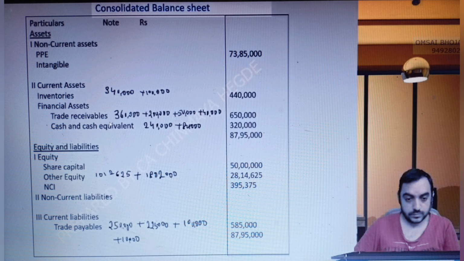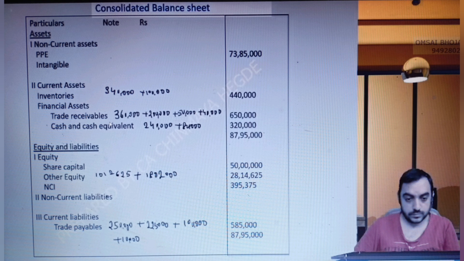Balance sheet then. No adjustment of unrealized profit also. 3 lakh 40 and 1 lakh. Trade receivables, your debtors also will come.